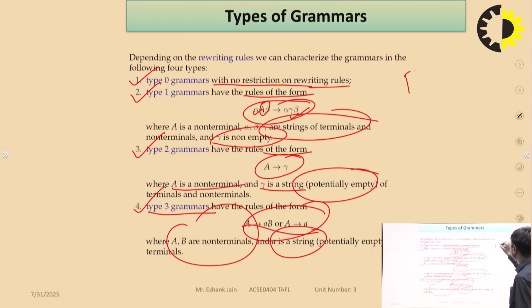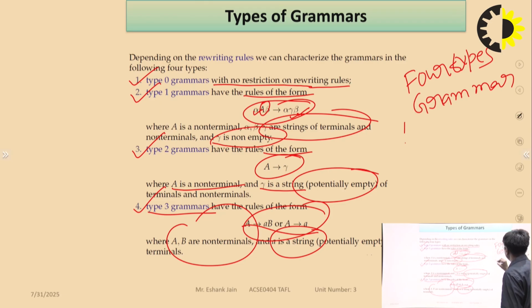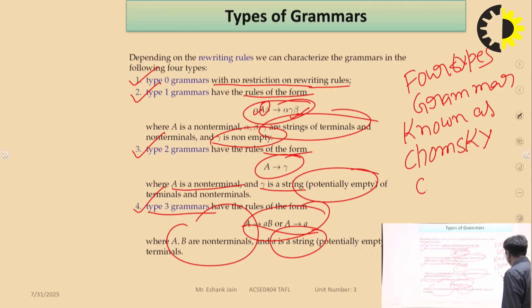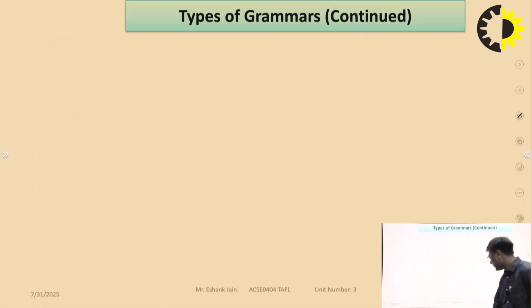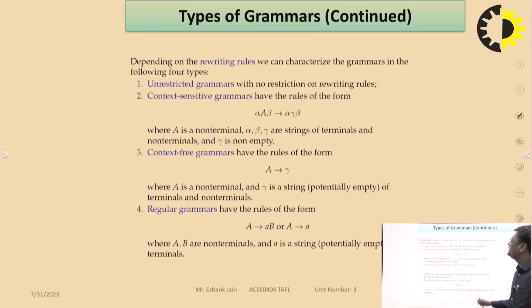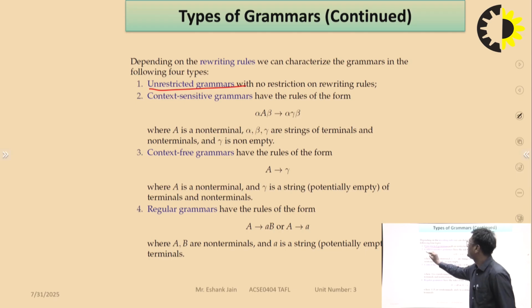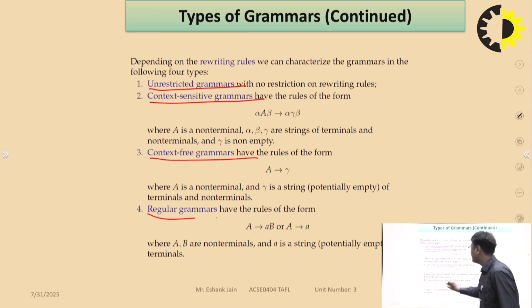These 4 types of grammar are known as the Chomsky classification. This is a brief description of type 0 unrestricted, type 1, type 2 and type 3.